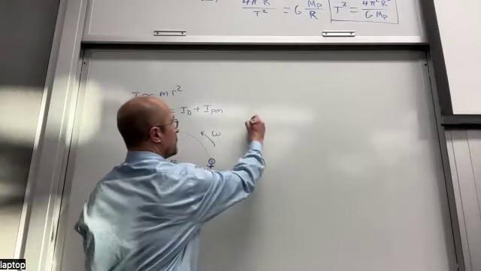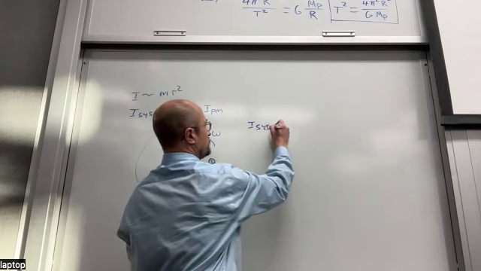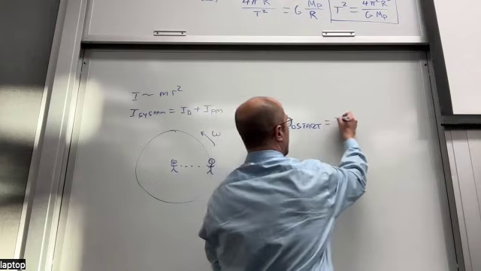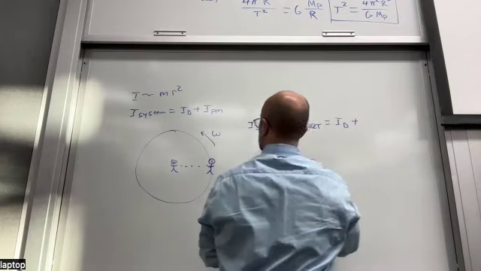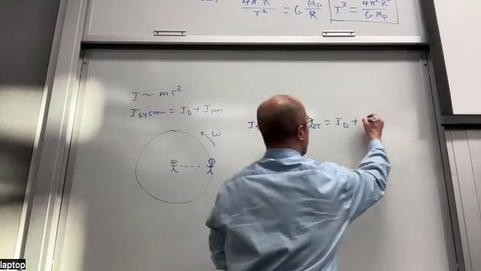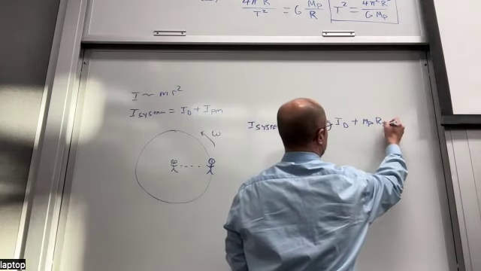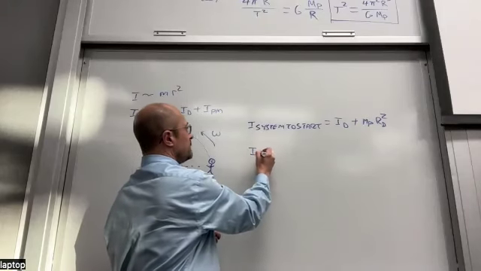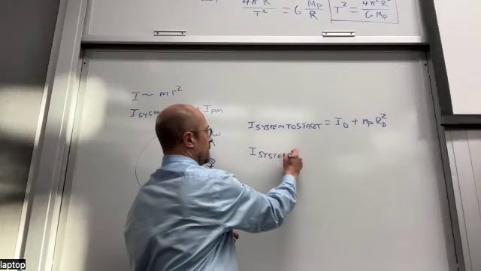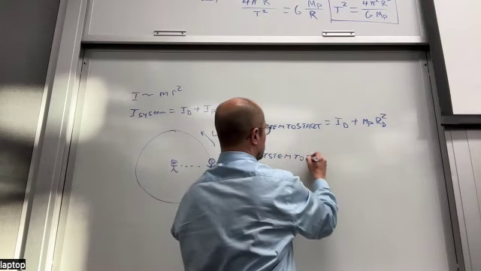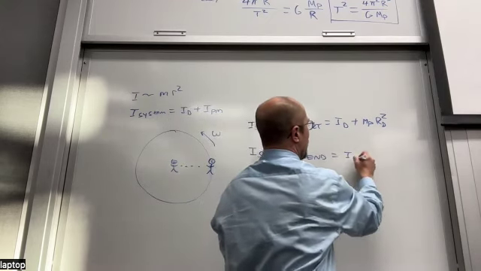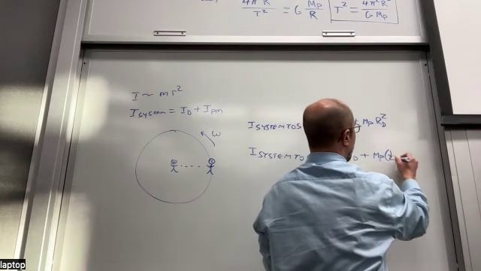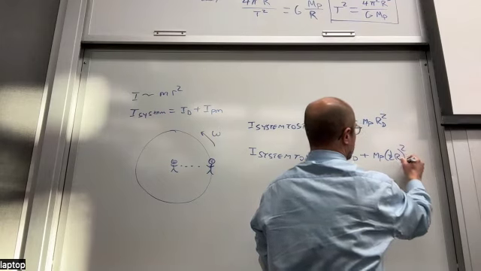So initially, when we think about the initial I of the system to start, we have I of the disk plus, if we just think of this as the mass of the person, radius of the disk squared. Now, at the end, when he moves in, you still have I of the disk, but now you have the mass of the person at 1/2 R of the disk squared.